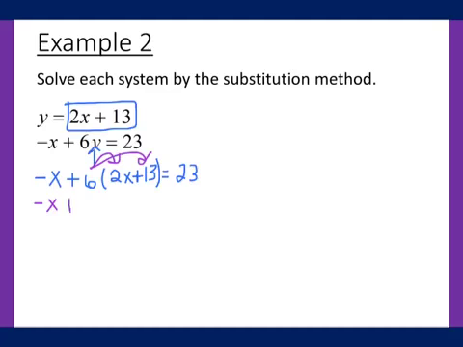So -x plus 12x, that'd be a 12x. And then 6 times 13 is 78, equals 23. And then we've got like terms here on the left side. -x plus 12x is 11x.